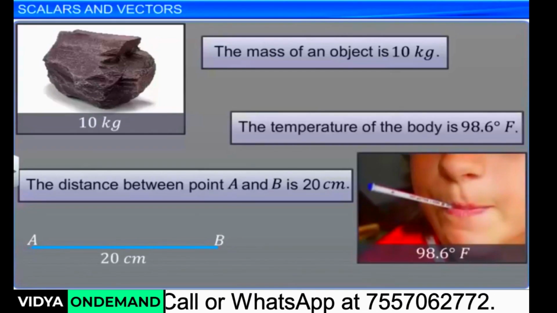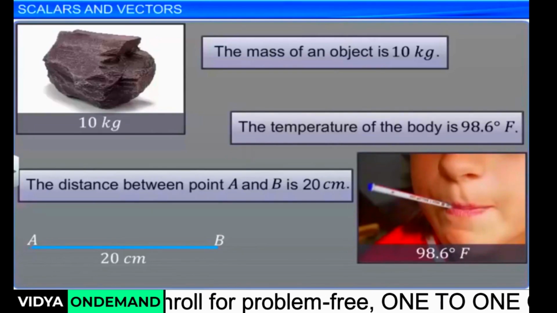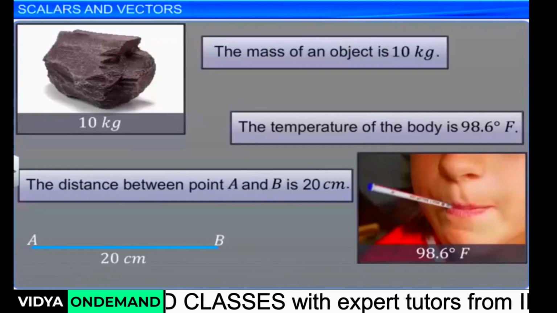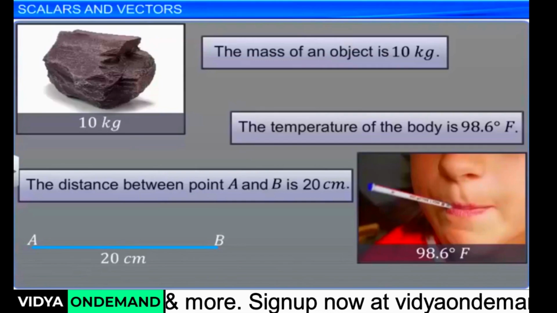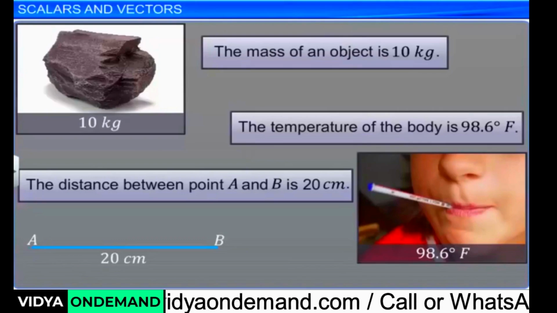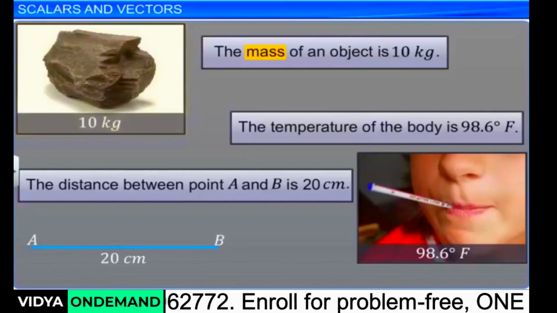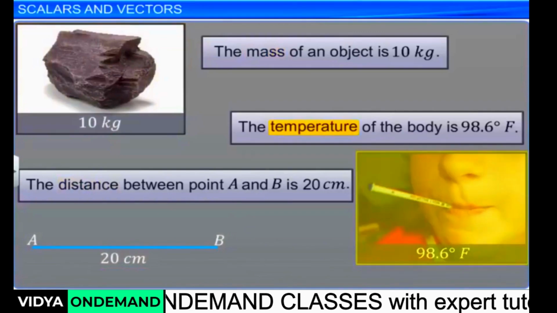A number along with the unit that represents the measure of a physical quantity is called its magnitude. Thus, mass, distance, and temperature are scalars. As with numbers in elementary mathematics, scalars can be added, subtracted, multiplied, and divided.